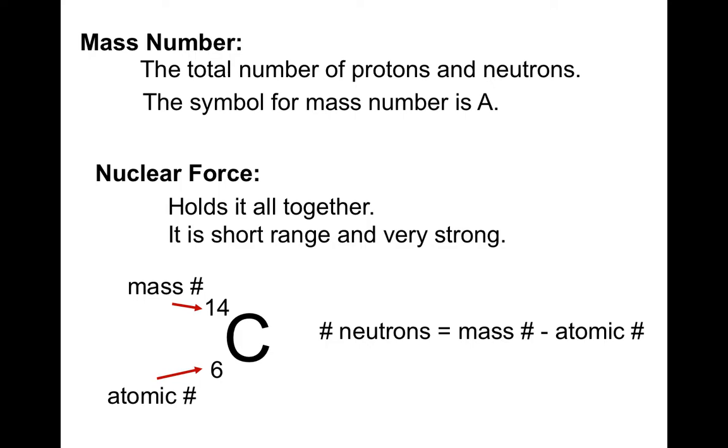You have a mass number of 14, which tells you the number of protons plus neutrons, so how many particles are in the nucleus. But from that, you can also determine how many neutrons this carbon has. You take the mass number minus the atomic number, and that gives you the number of neutrons that are here.